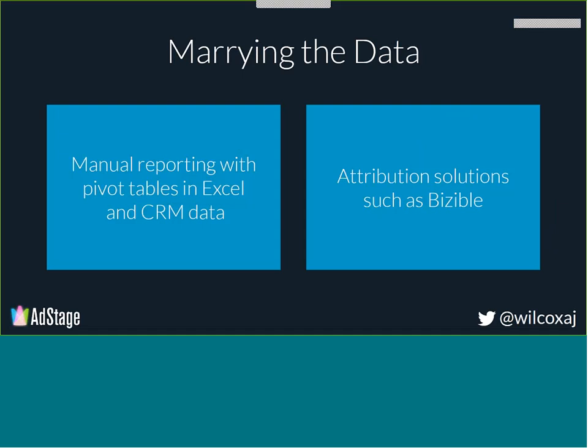The traditional way of doing this is by marrying up data inside of Excel. The way that I do this, I tag all of my ads with unique parameters, which inside Google Analytics are called UTM parameters. I tag every ad with a unique parameter that allows me to tie that single ad's performance, and in fact all of the individual elements of that performance, all the way down to the revenue level.